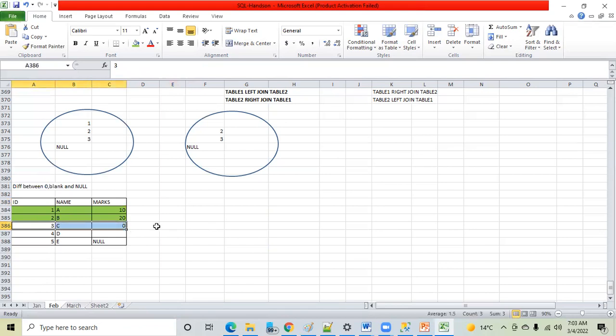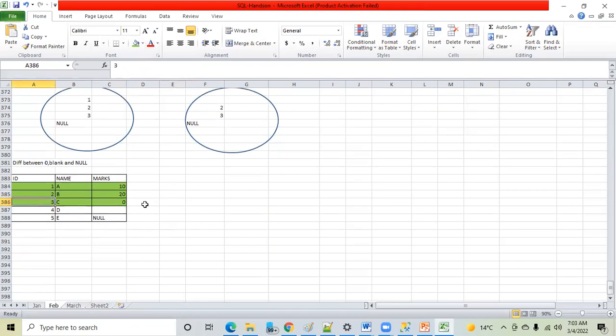So it means he appeared in the exam and he has scored 0. Maybe all the answers were incorrect or he has not given any reply. Maybe. So if I tell you that Mr. Rakesh has scored 0, everyone can understand that he has scored 0.